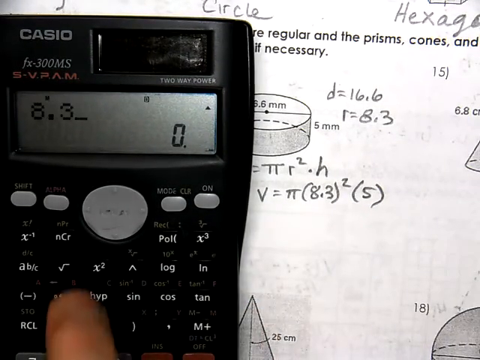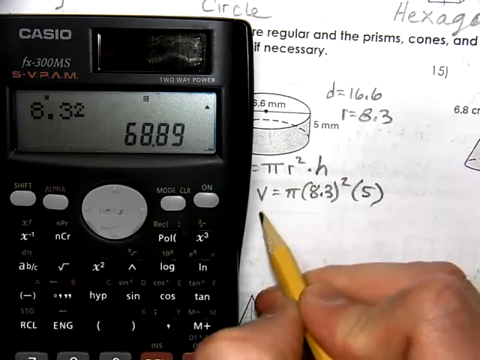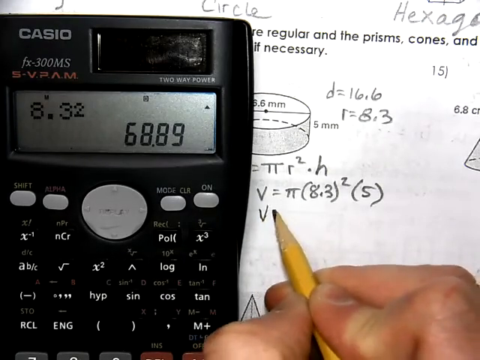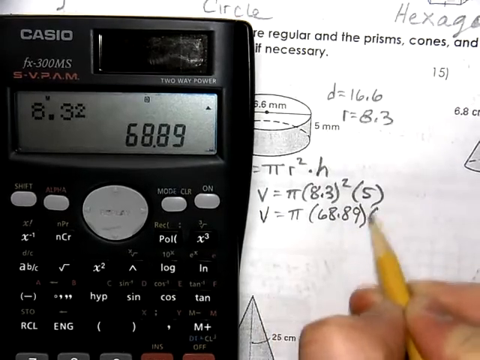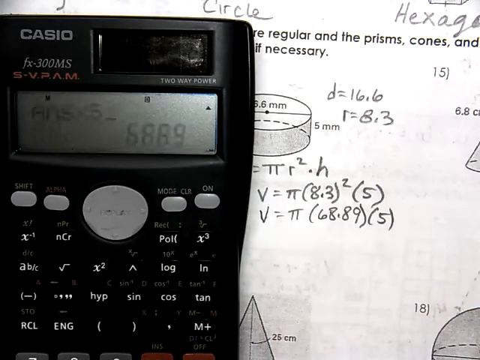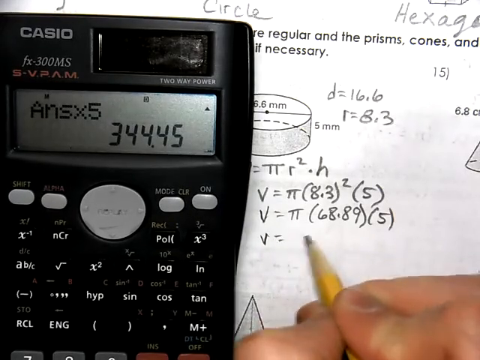So 8.3 squared times 5, that would be our exact answer.